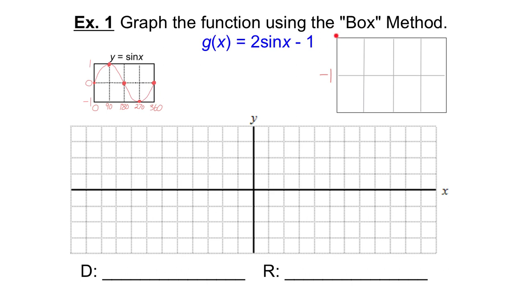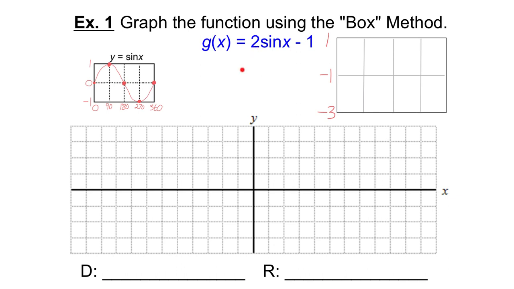Okay, now my maximum and my minimum values. Well, my maximum value is no longer going to be 1 because, first off, I've moved everything down 1 unit, but also I have this vertical stretch. My curve is going to be twice as tall away from the central axis. So that a value actually tells me what the amplitude is.